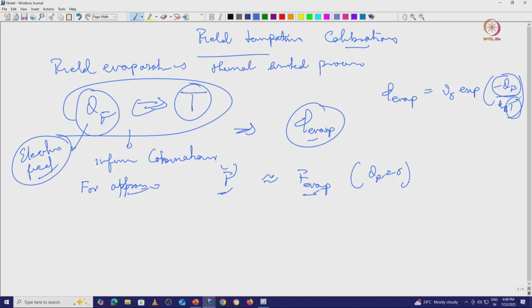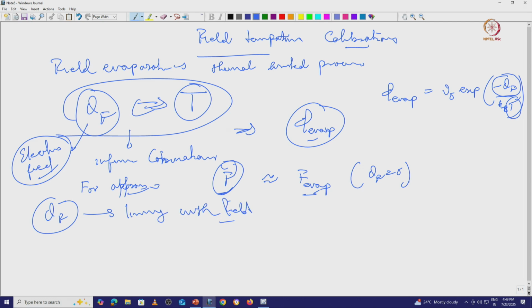If the actual electric field value is very close to the evaporation field, then the height of the energy barrier, which is QF, will vary linearly with field.